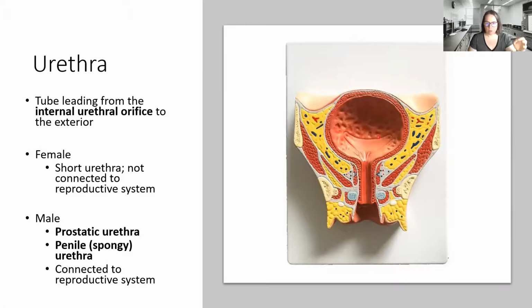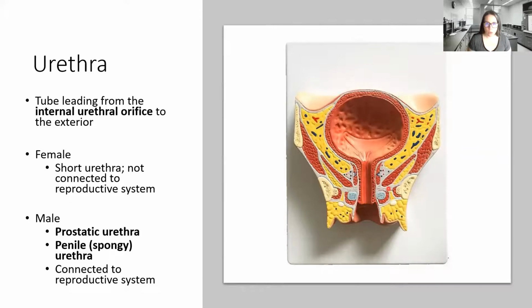And when we're ready to void, this sphincter here, the internal urethral sphincter, will relax. And that is going to open up the internal urethral orifice and allow urine to start to go down the urethra. We have control over the external urethral sphincter, which runs through the pelvic diaphragm. And that is what we're going to relax when we go to the toilet.